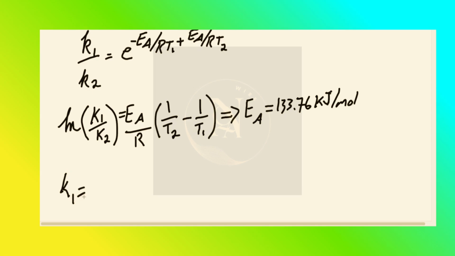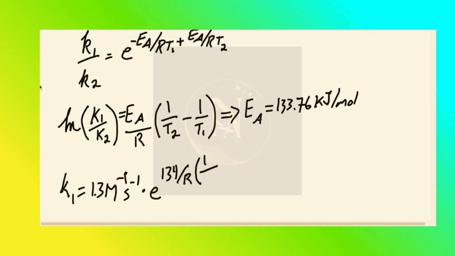k1 is going to equal some k2, which we can use as being either of the values that we started with. So let's take our rate constant at 700 Kelvin, which is 1.3 per molar per second as our rate constant, times e to the, or rather we can take e to the Ea over R, so that's e to the 134 kilojoules per mole over R, times 1 over T2.